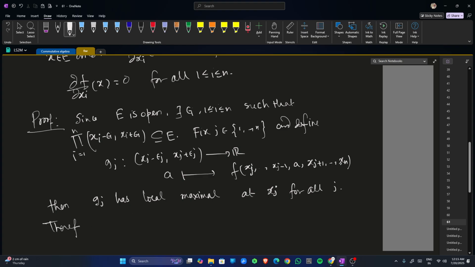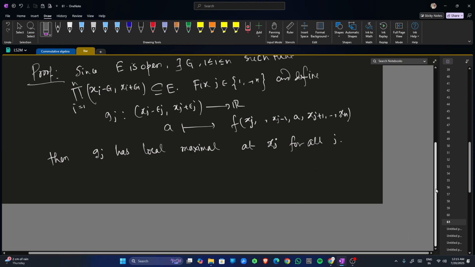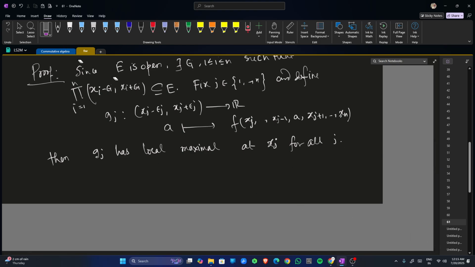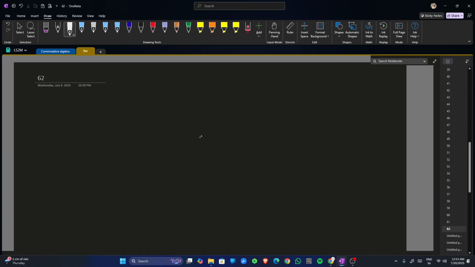Therefore, g prime j... okay, no, we cannot say that. We have to show that g prime j exists. Yes, and that is a local maxima, and if g prime j exists, then g prime j is 0.